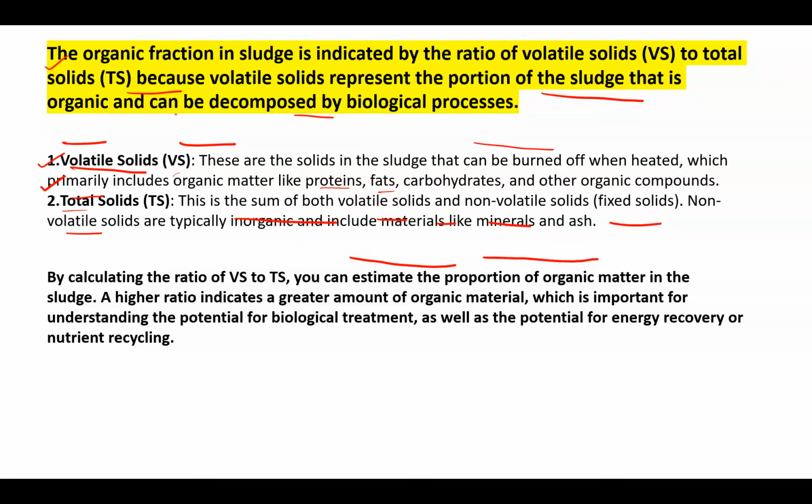So this is the total solid content in the sludge. When we apply heat energy, a portion of the total solids gets converted into the volatile state, mainly the things I have mentioned here.